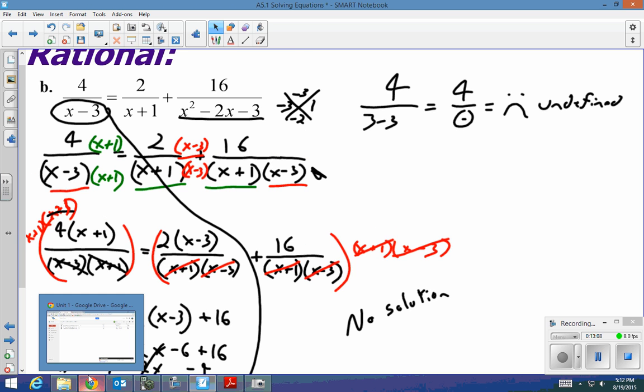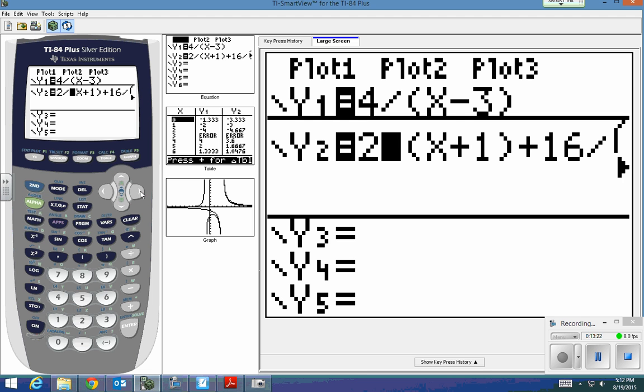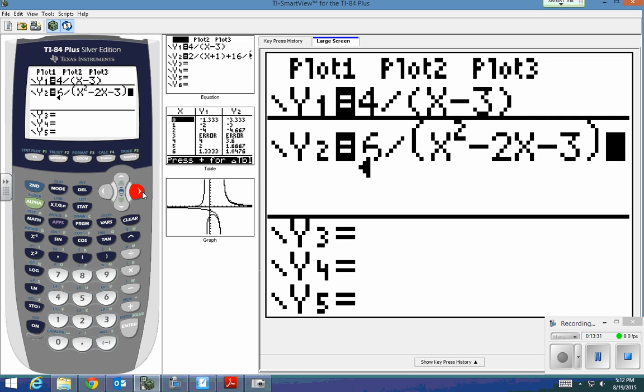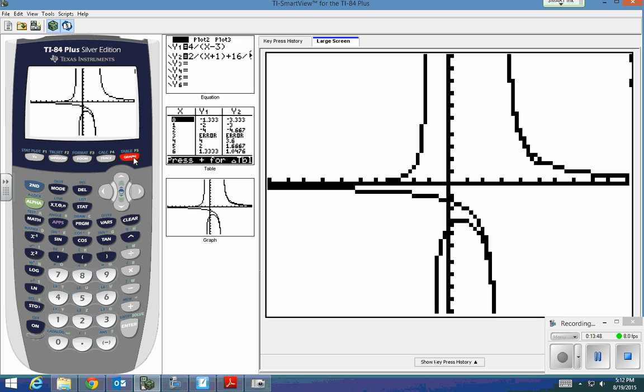Another way we can look at this is graphically, why there might not be a solution. So I put my two equations, 4 over x minus 3, that was my left side, and then I put below here 2 divided by x plus 1 plus 16 divided by x squared minus 2x minus 3. Notice, when I graph these, okay, they don't actually intersect.